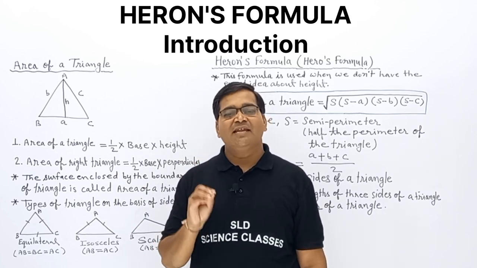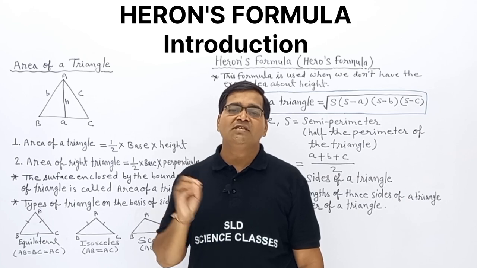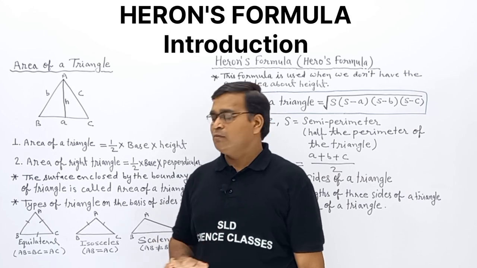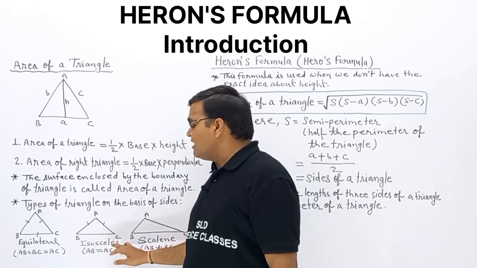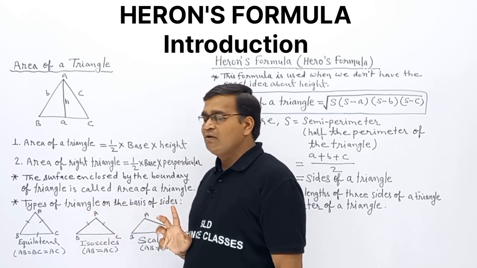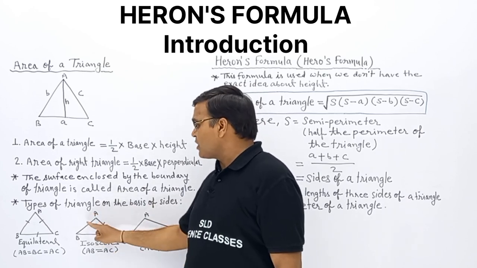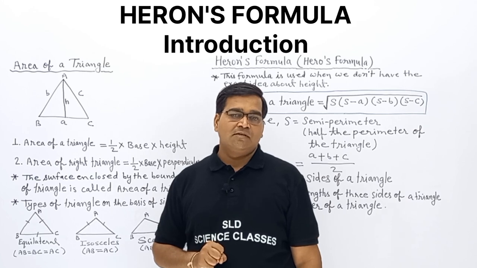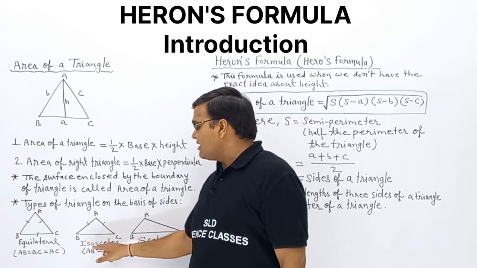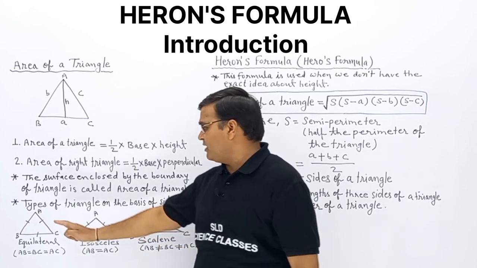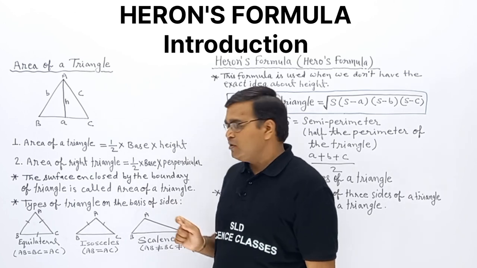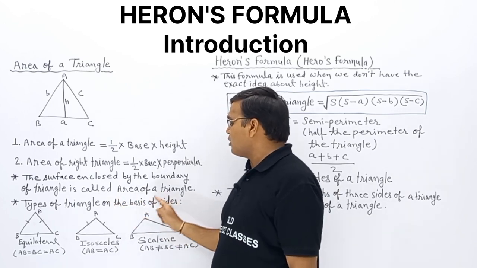If two of the three sides are equal, the triangle is called isosceles. In this triangle, AB and AC are equal.